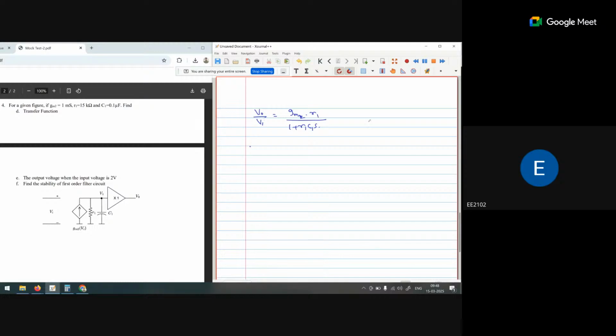Now Gm2 is 1 into 10 to the power minus 3, R1 is 15 into 10 to the power 3, divided by 1 plus 15 into 10 to the power 3 into C1, which is 0.1 into 10 to the power minus 6, times s.